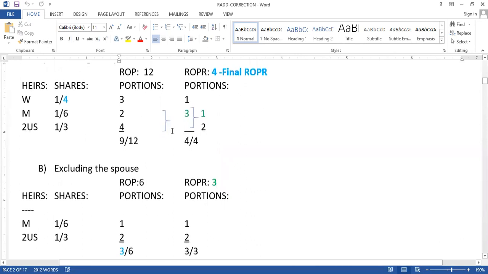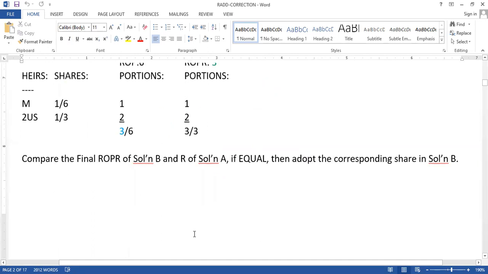I-compare natin itong ating ROPR, which is 3, at saka itong ating residue, which is 3. Pag equal daw, i-adapt daw natin itong portions na nandito sa baba, which is 1 for mother and 2 for veteran sisters. That's why, naglagay tayo dito ng 1 and 2 because we adapted the shares or the solution in solution B. Okay? So, ganyan yan siya.